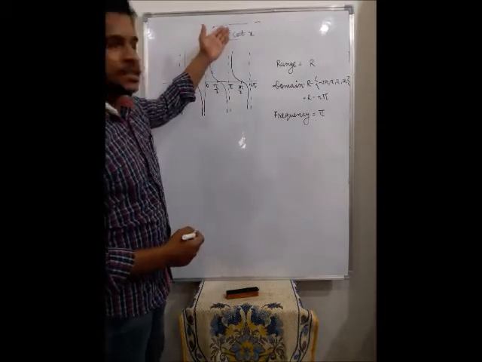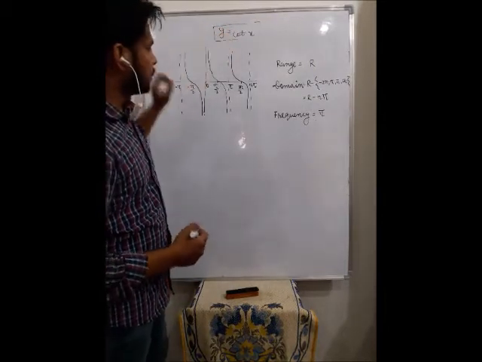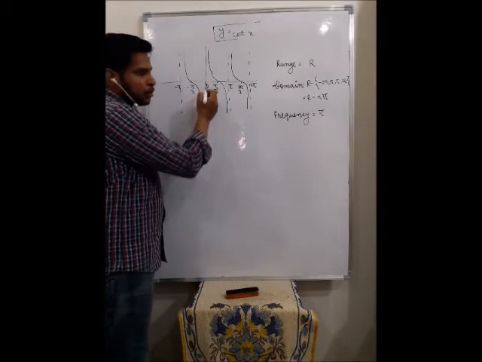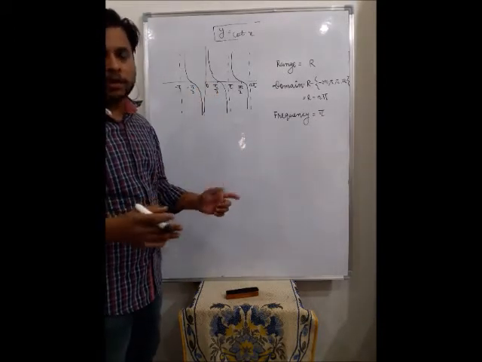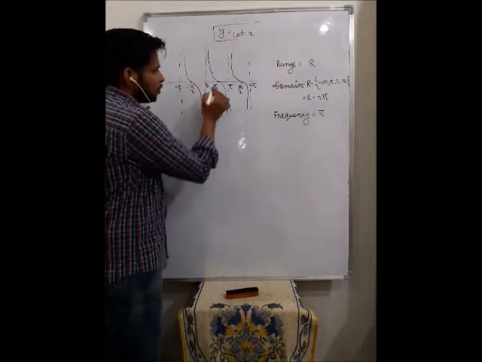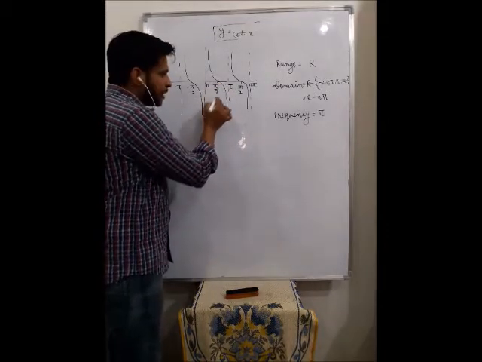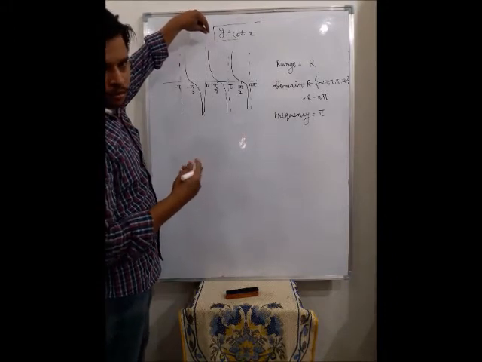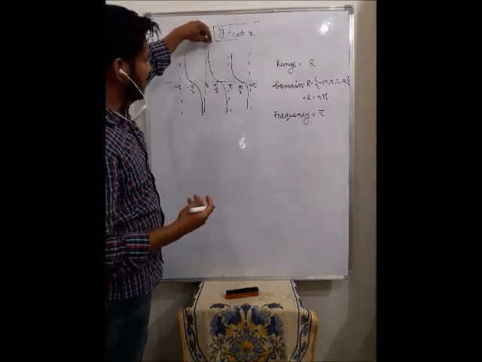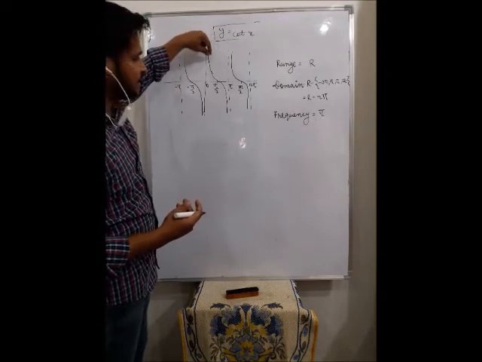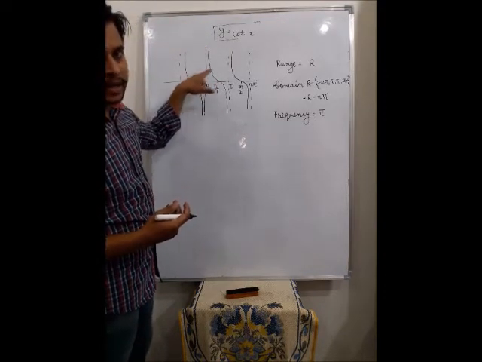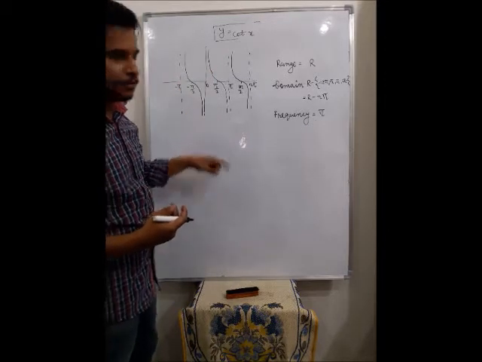The next function is cot x function. Now here it is not defined at 0, because cot 0 is undefined. Its value is 0 at pi by 2. After 0 its value is highest, but it continuously decreases and reaches 0 at pi by 2, and again continues decreasing afterwards.